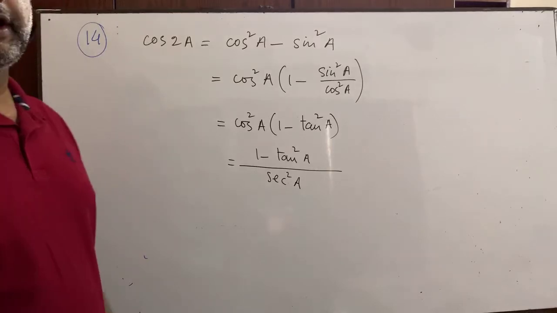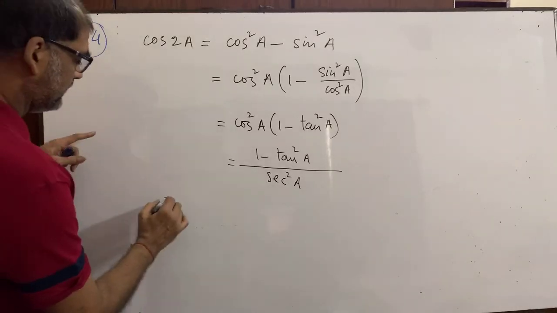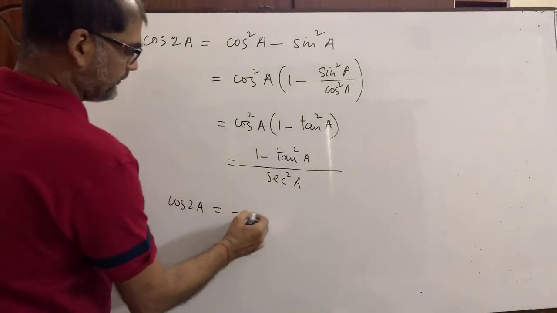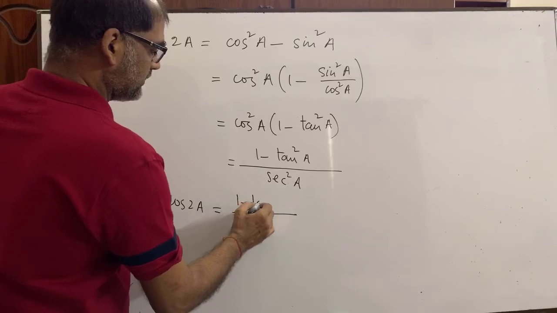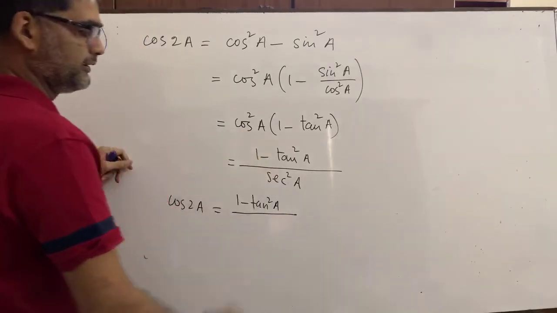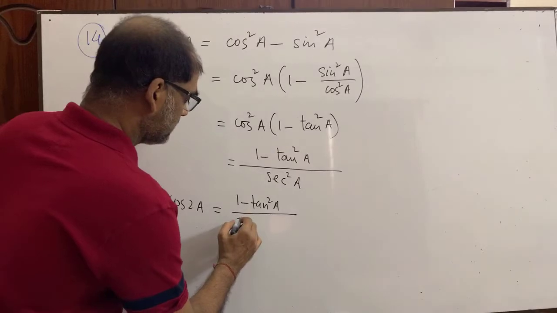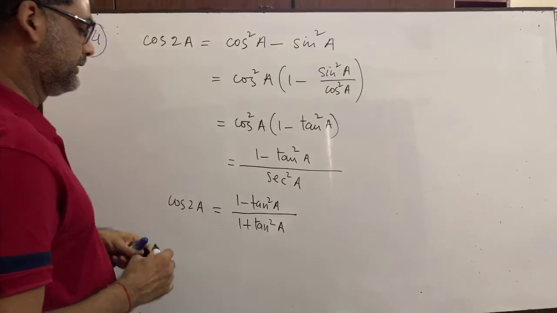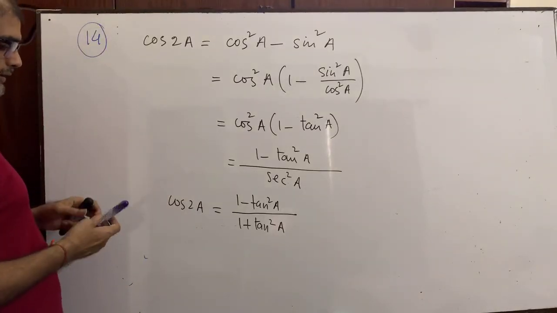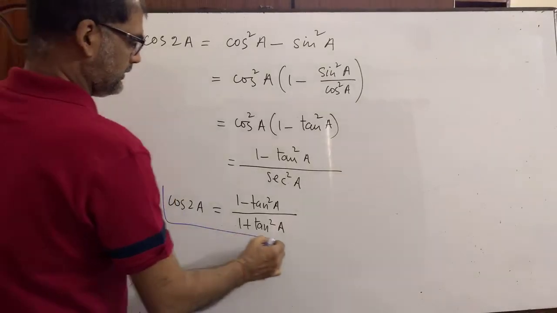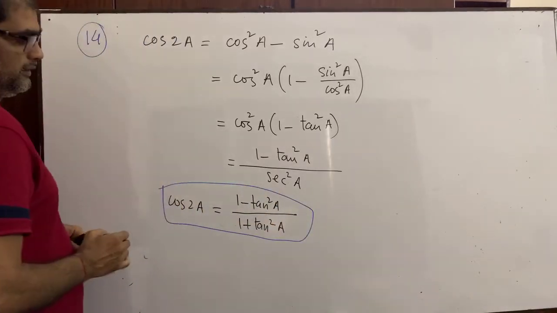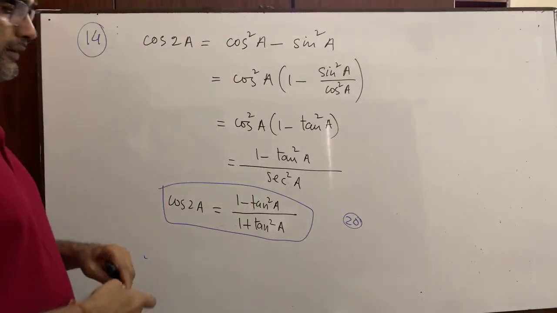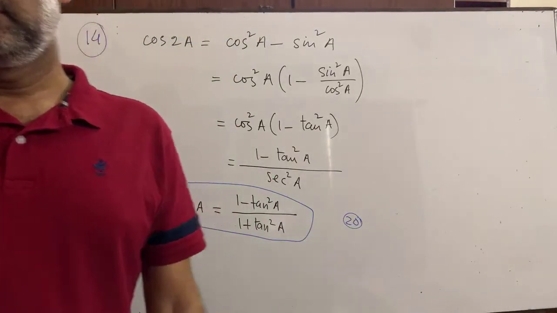Okay, so we can write here cosine 2a is equal to 1 minus tan square a by 1 plus tan square a. Okay. Perhaps it is number 20. Remember it. Copy it.